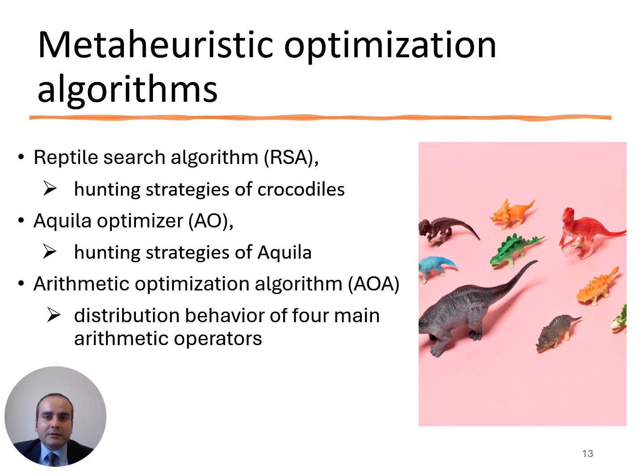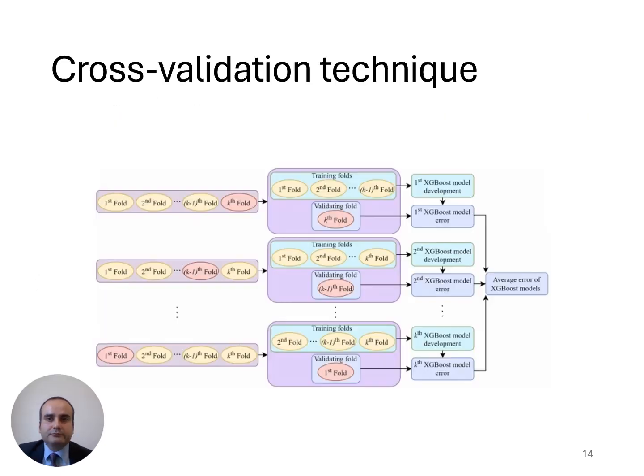Reptile search algorithm and Aquila optimizer are two nature-inspired optimization algorithms in which the hunting strategies of crocodiles and Aquila, respectively, are modeled to solve optimization problems. In the case of the arithmetic optimization algorithm, the distribution behavior of four main arithmetic operators, including summation, subtraction, multiplication, and division, are used to solve optimization problems.